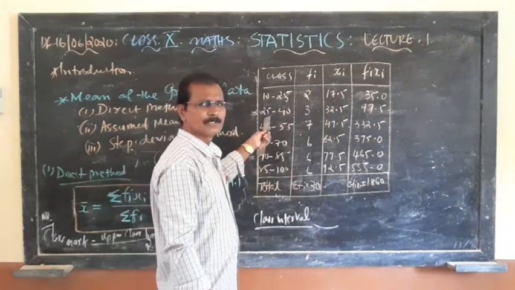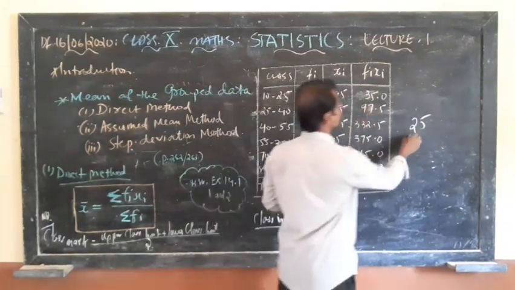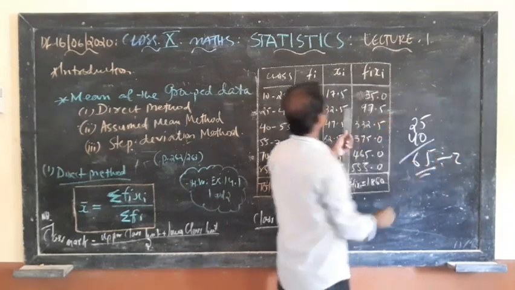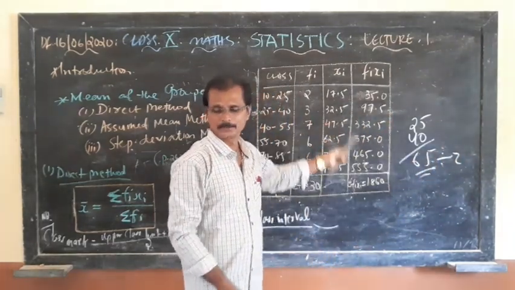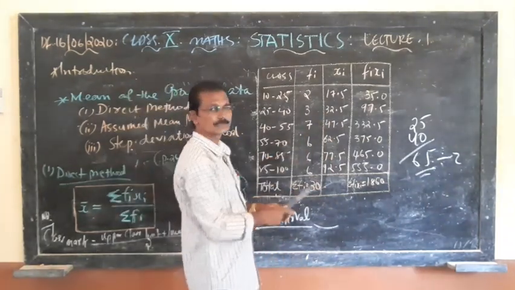The same way you can find the second one also. The second one is lower limit 25, upper limit 40. So 65 divided by 2 is 32.5. That way you can find out this exercise.